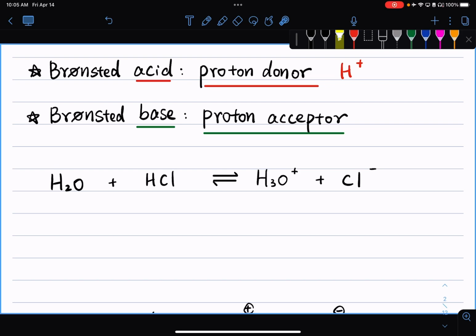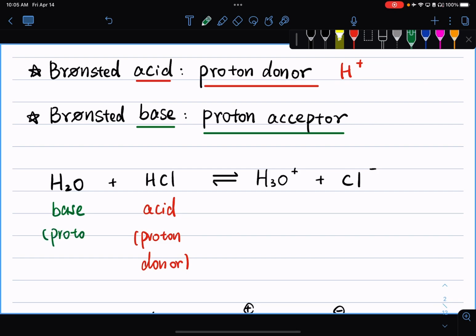So if you think about this process, my HCl is the acid, and that is our proton donor. And water here is our base in this reaction, or my proton acceptor.